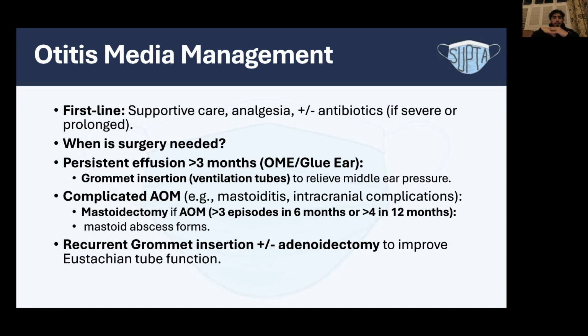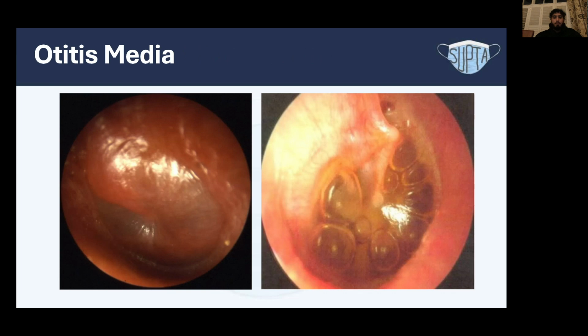Firstly, if you get recurrent infections, the adenoids grow and they can physically compress the eustachian tube, blocking it off, and then obviously not allowing the pressure to go into the middle ear. What can also happen is the adenoids act as a harbor for bacteria, and due to proximity, they can travel into the middle ear, causing some issues there.